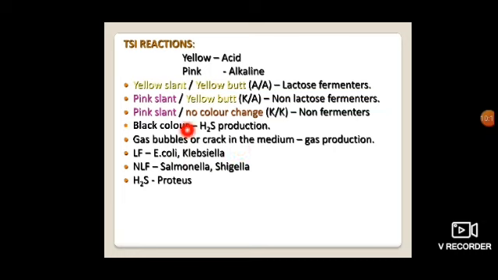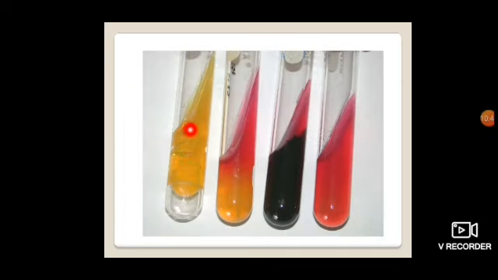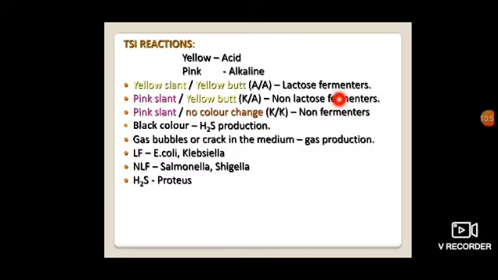The different colorations indicate the presence of different types of fermenting microorganisms. If your sample shows yellow color, it means presence of acid, and if it shows pink color, it means presence of alkali. If the slant and butt are both yellow, it means presence of a lactose fermenter. In the first test tube, the slant is yellow and the butt is also yellow, meaning a lactose fermenter.